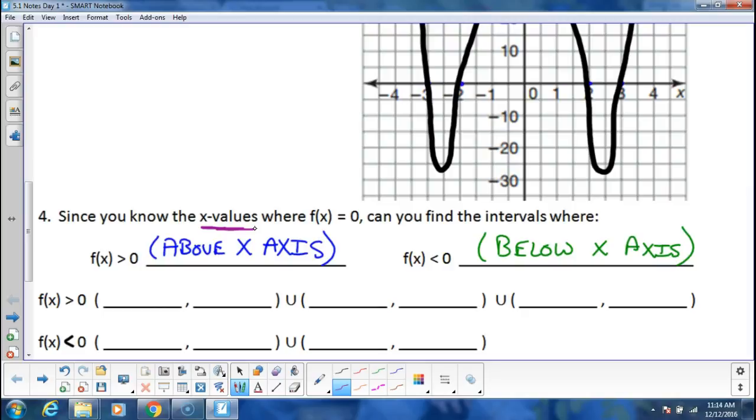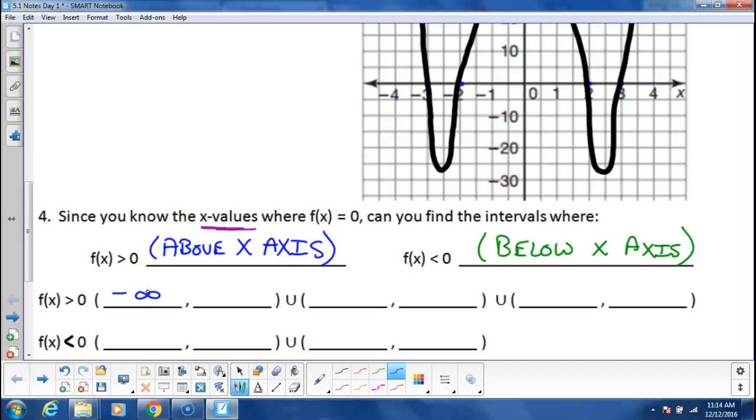Okay? So, I like to work left to right on the radio dial. I'm starting way over here on the left and I'm at negative infinity. Am I above or below the x-axis? I'm above.